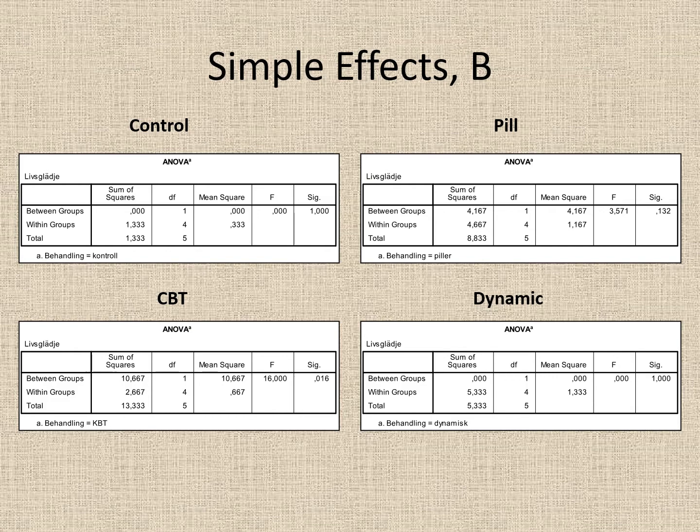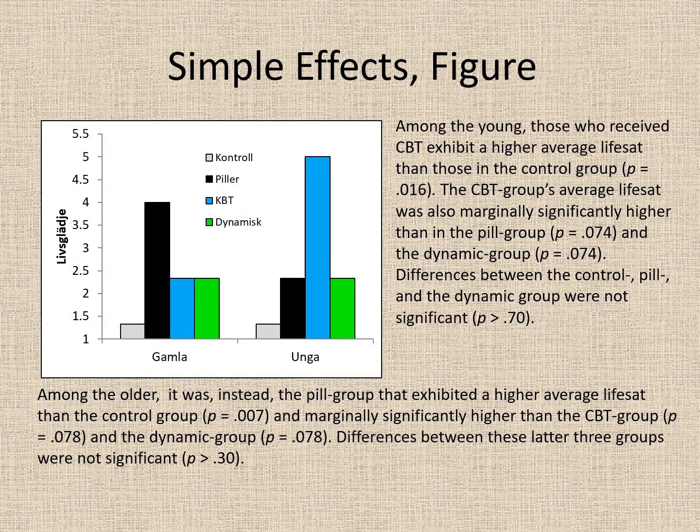Of course, if you have an interaction, I'll have a word about that also. If you have an interaction and you're going to look at simple effects, you could do both, but usually you choose one way to stratify the data as you express it.